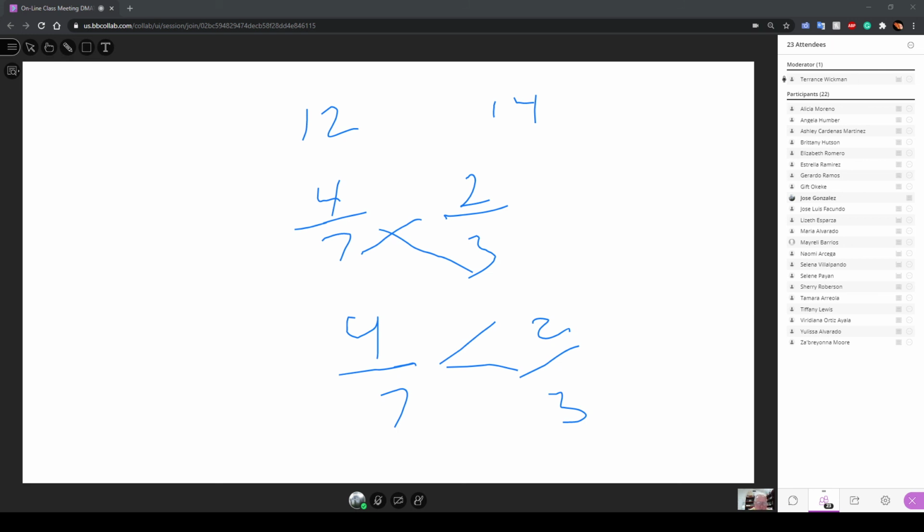It's a really cool thing to know, so you can quickly tell which one's the smaller or larger fraction. 4 looks bigger than 2. I would have thought 4 sevenths is bigger than 2 thirds, but you can tell that it's not. All right, I hope that makes sense.